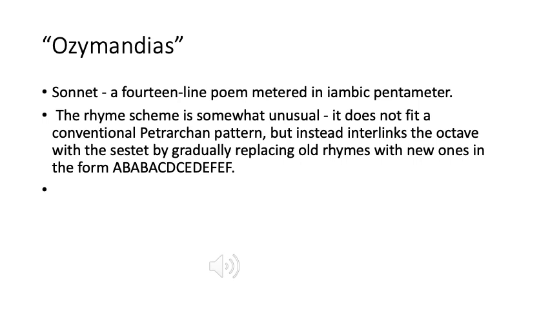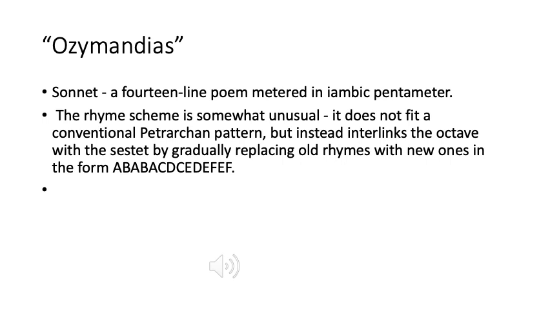Whereas an Elizabethan or a Shakespearean sonnet had the structure of 3 quatrains followed by a couplet: A, B, A, B, C, D, C, D, E, F, E, F, G, G. That is the structure of a Shakespearean sonnet. Now, Shelley strays from these.